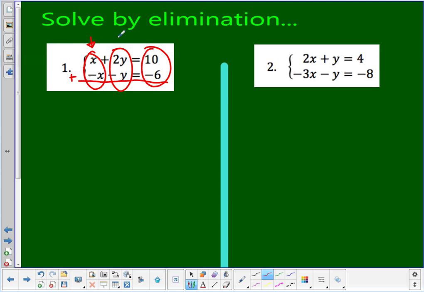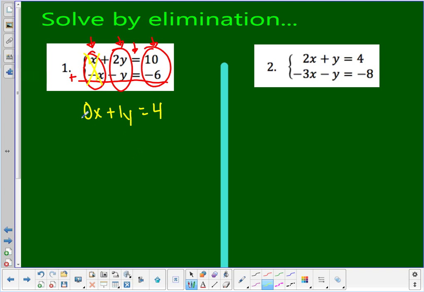And it's nice because they're all lined up. I have x over x, I have y over y, equal sign over equal sign, constant over constant. So when I add down, I end up with x minus x, or in other words, 1 minus 1, because those are my coefficients, dropping out, which is 0x. Then I have 2y minus y, which is 1y, is equal to 10 minus 6, which is 4.